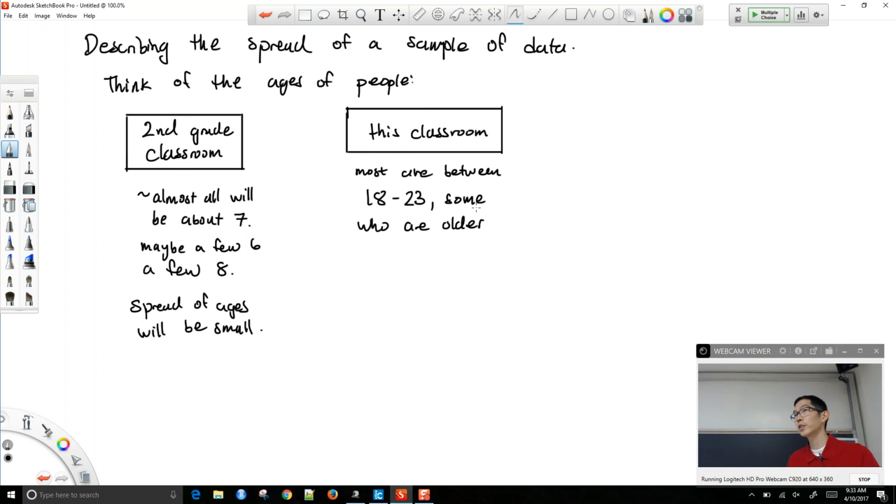The upper age limit has no real limit, but probably 80% or more of you are between 18 and 23, and the remaining 10 to 20% are different ages. So in this case, we're going to have more spread than the second grade classroom.